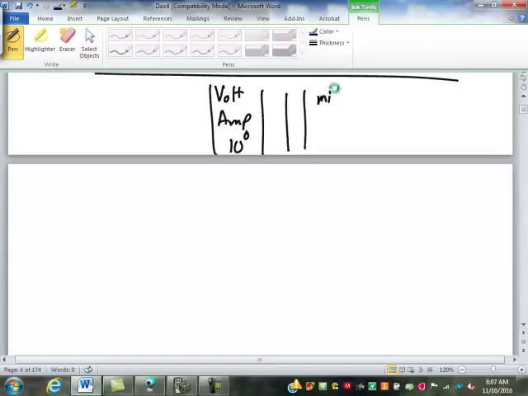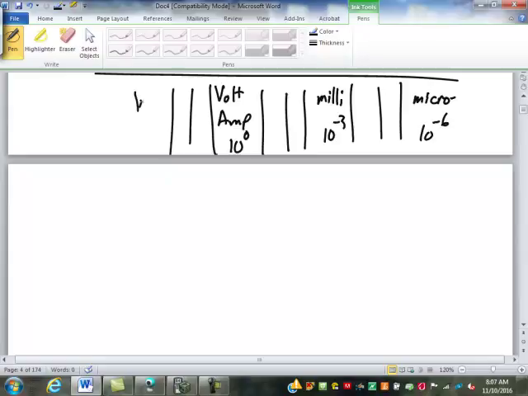Then if we have milli, that's 10 to the negative 3. Micro is 10 to the negative 6, or 1 millionth. Going the other way, kilo is 10 to the third, or 1,000. Going the other way, mega is a million, or 10 to the 6th.